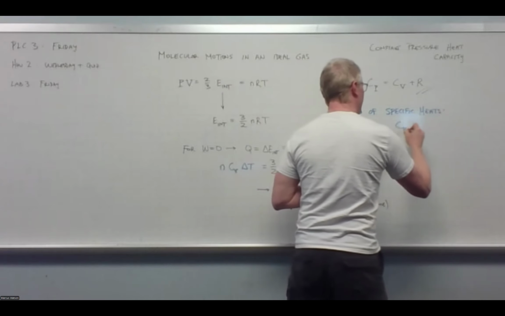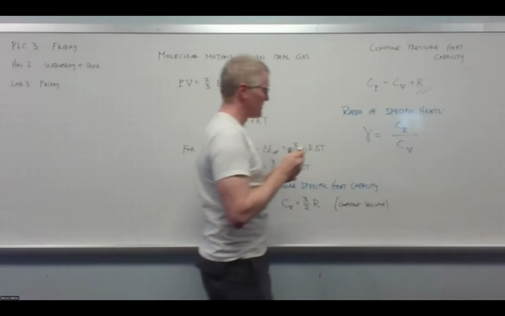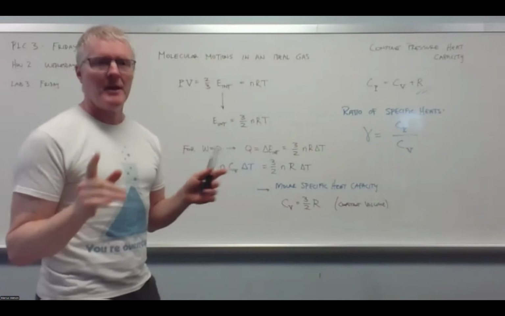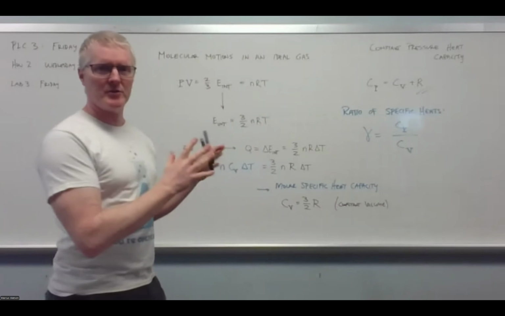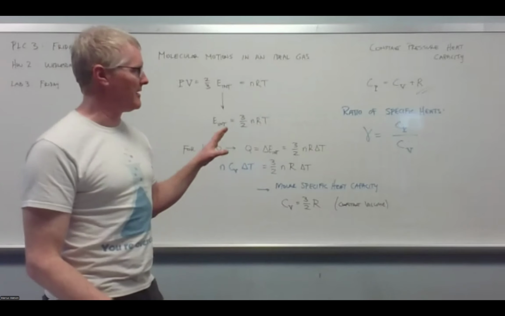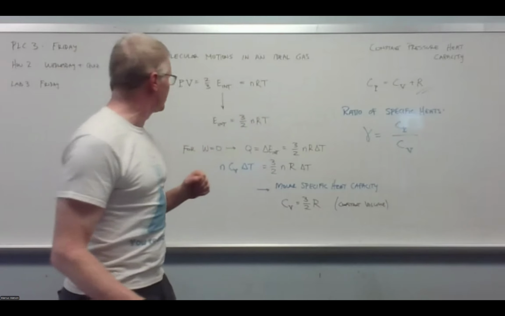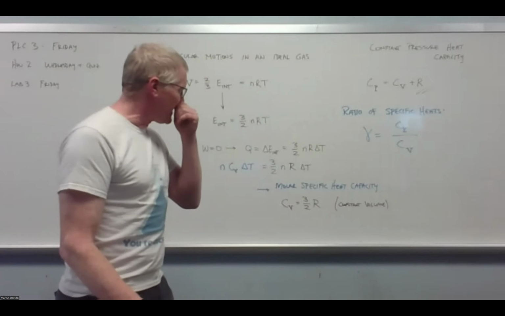And I'm just going to define it to be C_P divided by C_V. This is not important at all until we get to using it in just a little while. I wanted to do it now while we have the impetus talking about C_P and C_V. Okay, so we've got that.